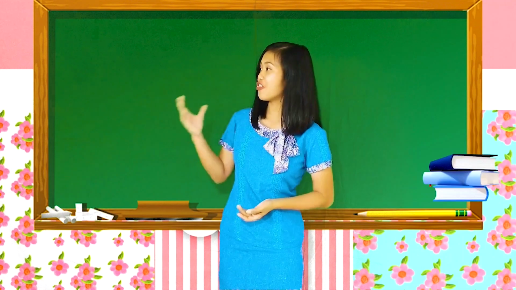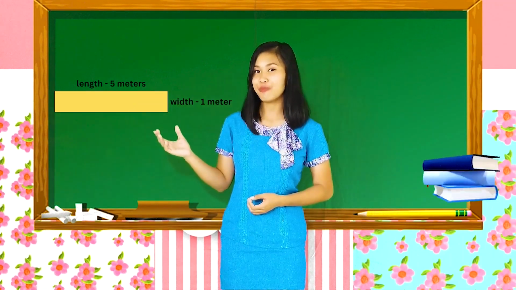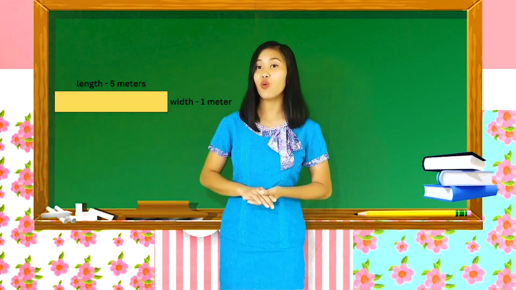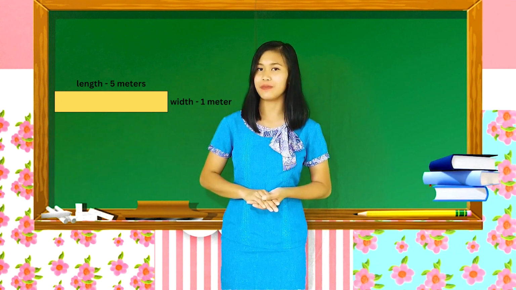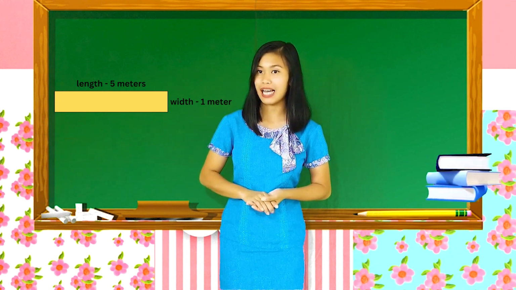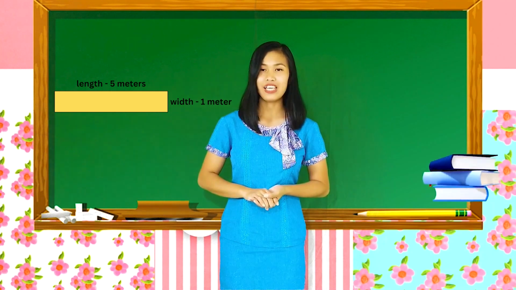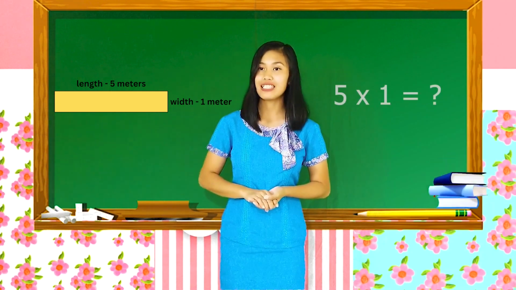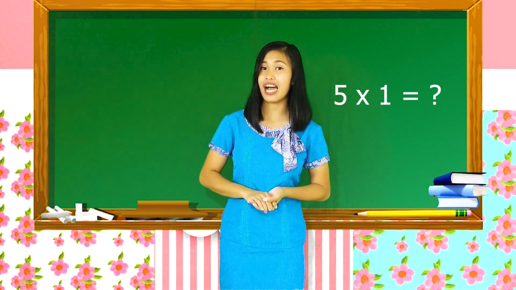Suppose we have this rectangle that has a length of 5 meters and a width of 1 meter. How do we find its area? Let's multiply the length and width. It will be 5 times 1. How many is 5 times 1?